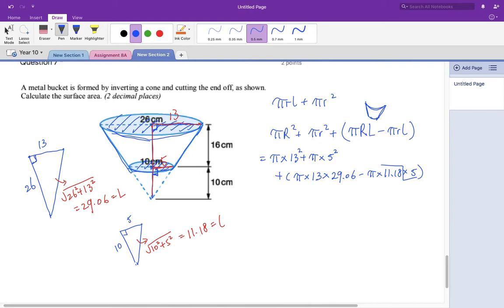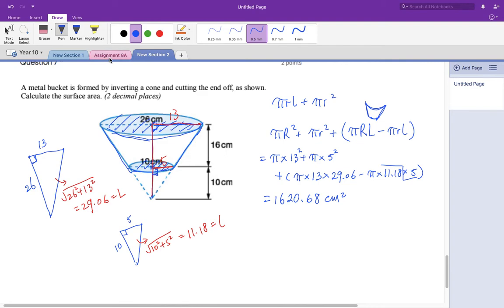And that's equal to 1620.68 centimeters squared. So that's the end of the quiz.